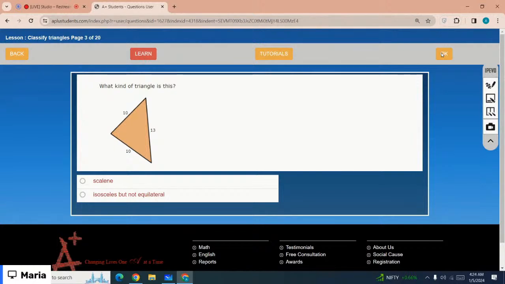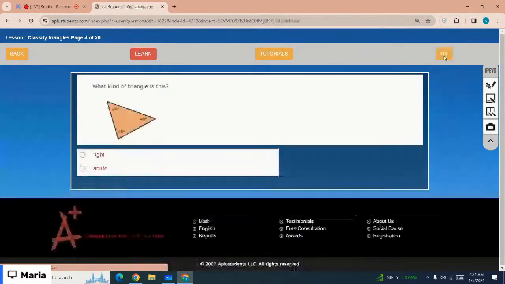Option number two is the correct option, right? That is isosceles but not equilateral. An isosceles triangle is the one that has two sides equal in measurement. Got it? Okay, what kind of triangle is it, right? Acute or obtuse, which is the correct option?